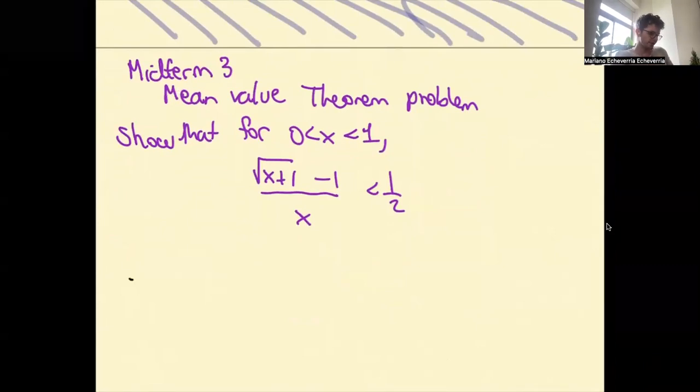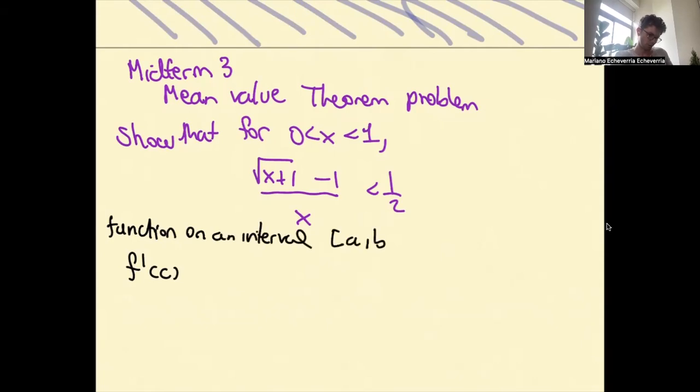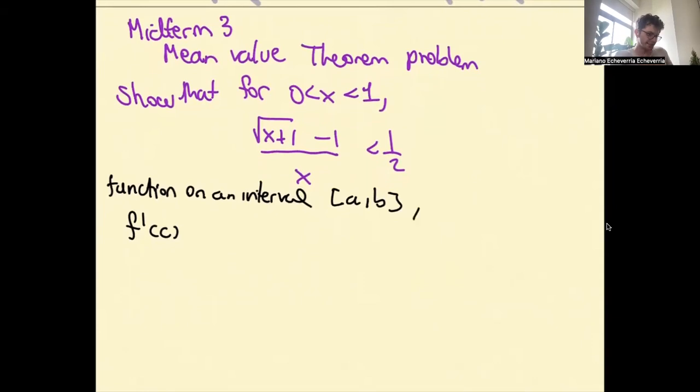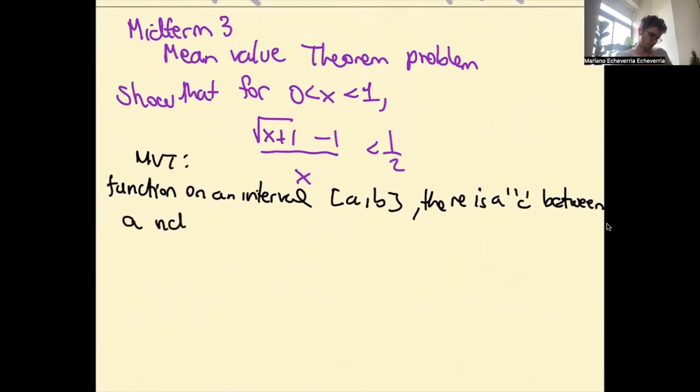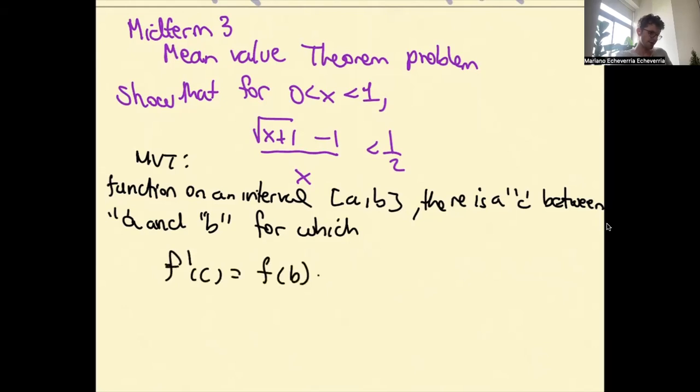The mean value theorem said that if you're looking at a function on an interval a comma b, then there is a c between a and b for which f prime of c is f of b minus f of a divided by b minus a.